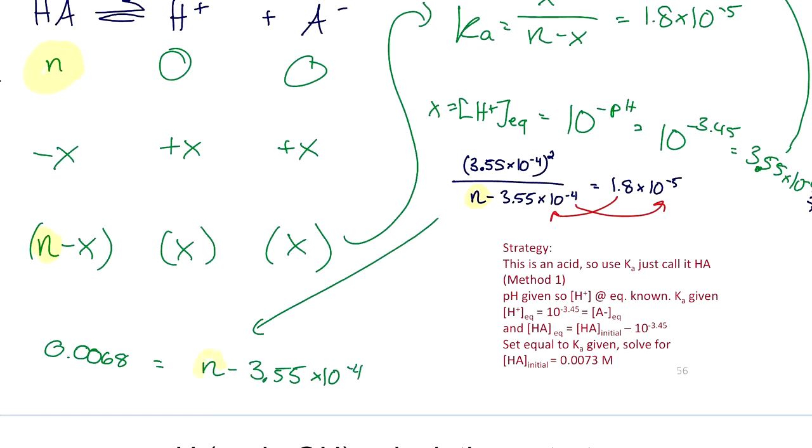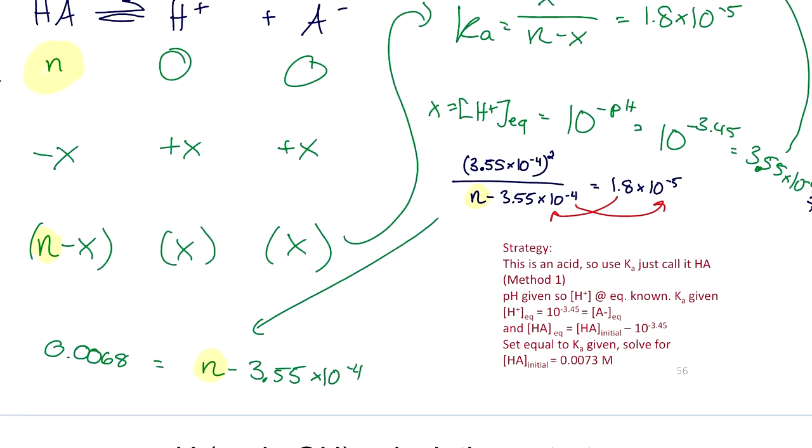And then add that 3.55 E negative 4 to both sides. Oh wait, I messed up. That plus 3.55 E negative 4.